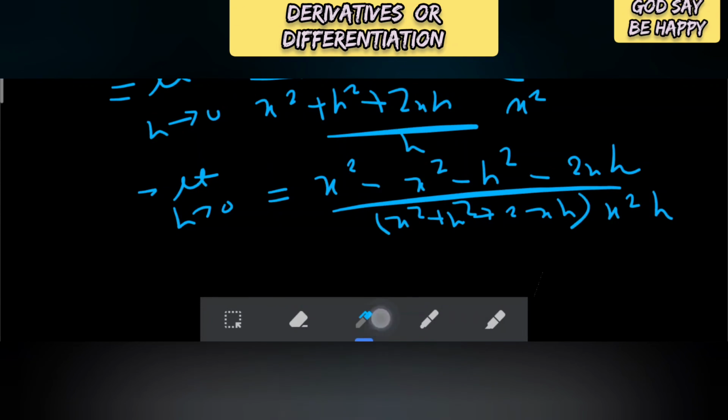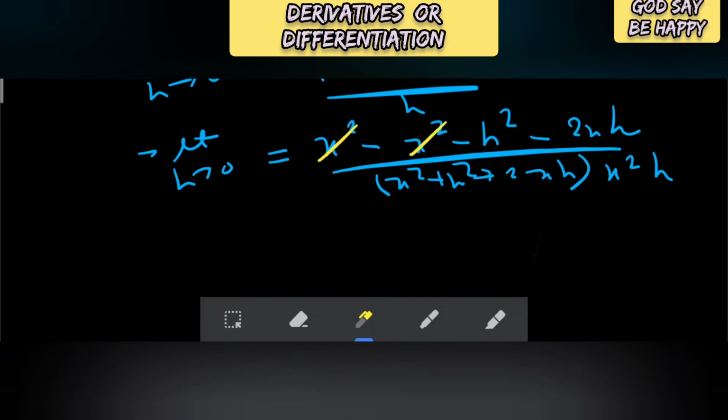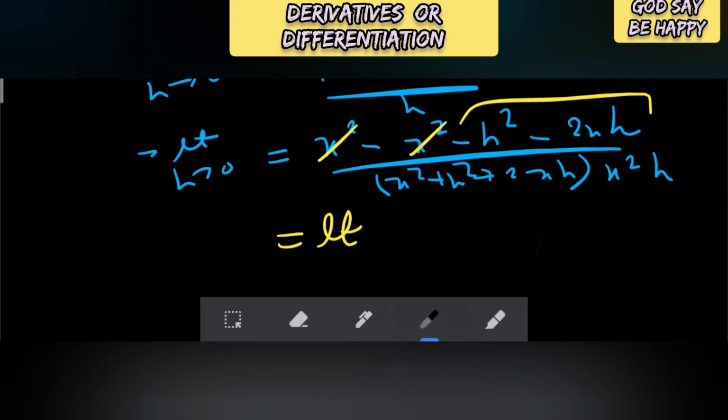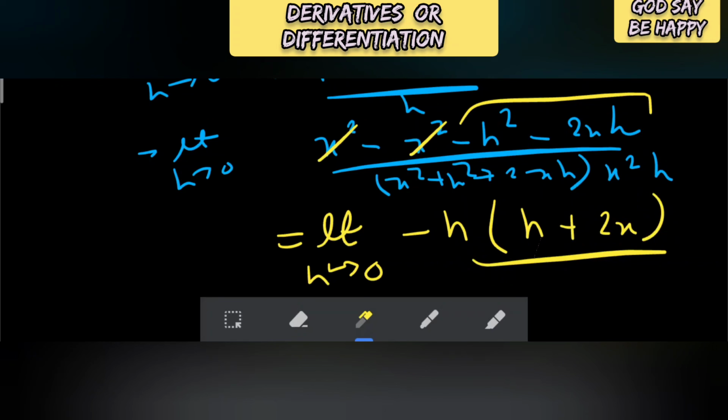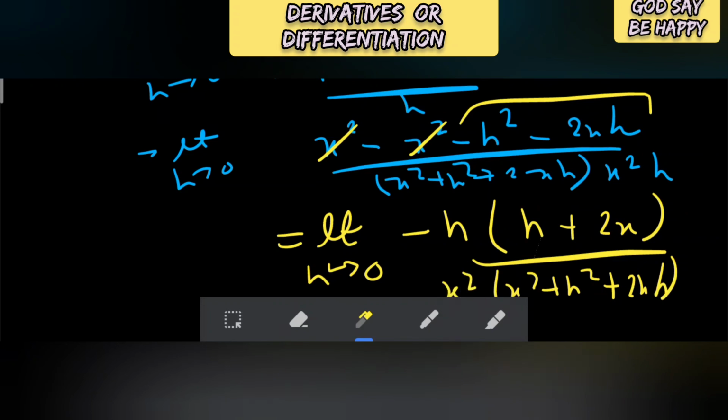Now we can see that x square and x square cancelled. Now from these two we will take h common. So limit h tending to 0 of minus h times (h plus 2x) upon (x square plus h square plus 2xh) times x square, h and h cancel.